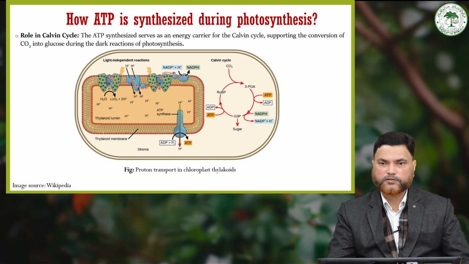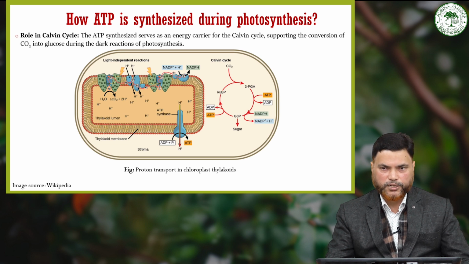Basically, in oxygenic photosynthetic organisms, the water molecule acts as an electron donor. Photooxidation of two water molecules yields 4 electrons, 4 protons and 1 molecule of oxygen.